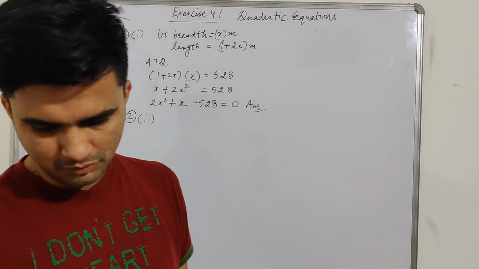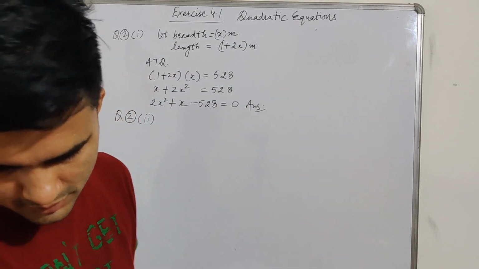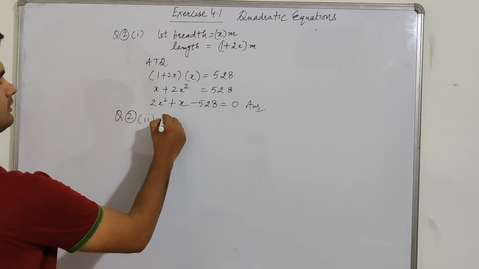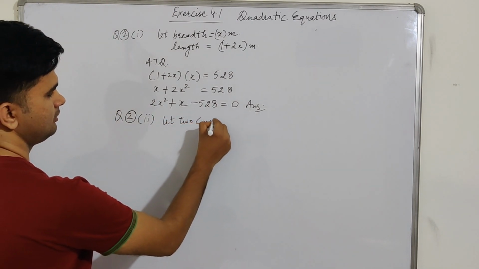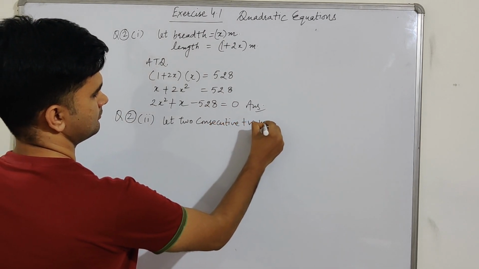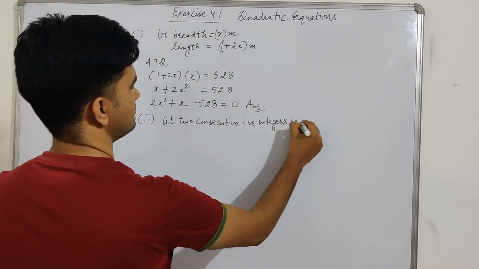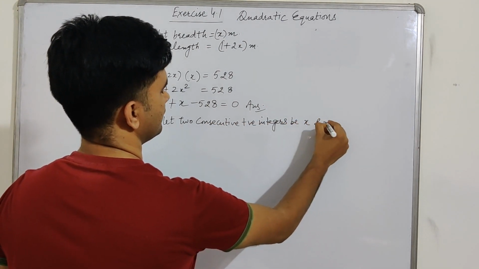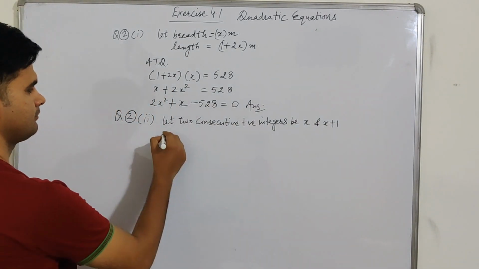And the question is, the product of two consecutive positive integers is 306. Let two consecutive positive integers be x and x plus 1.